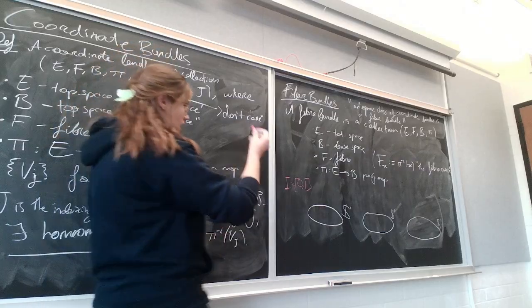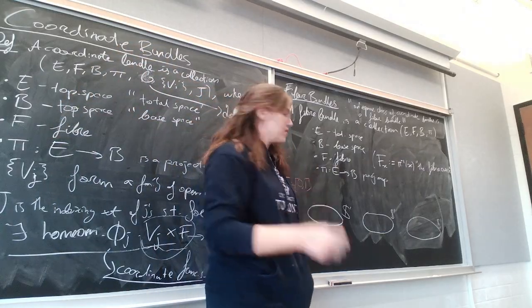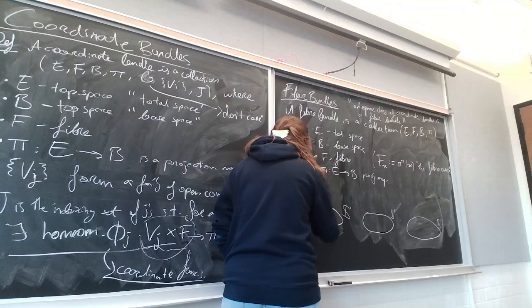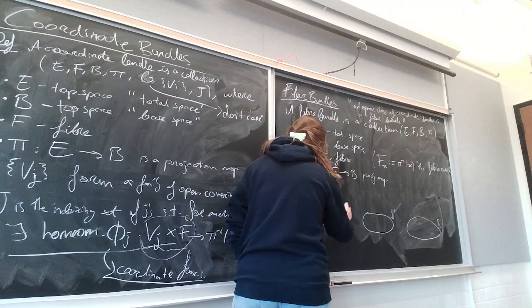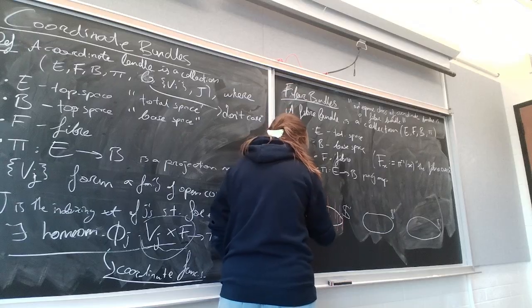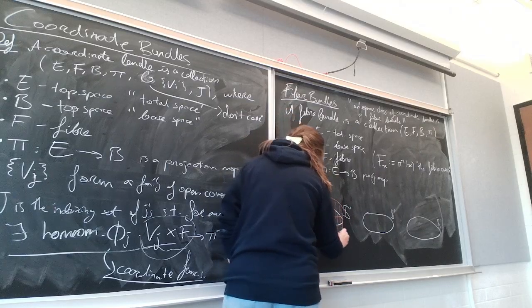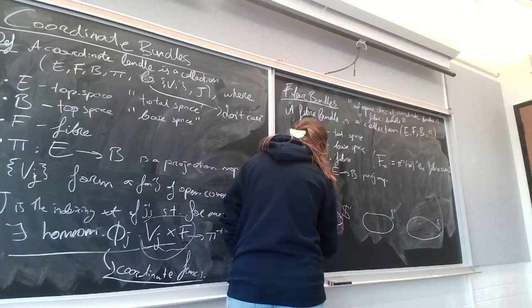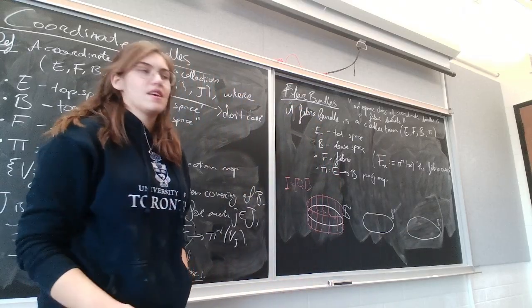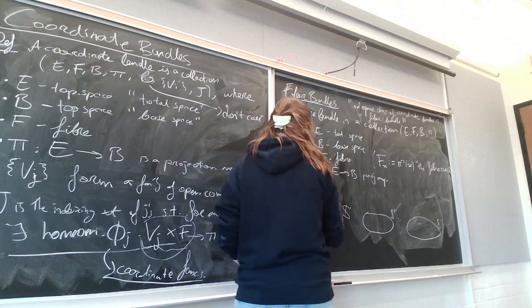Now, how can I stick this to S1? There are multiple ways, right? So I can just go ahead and stick it to every point. Now, I didn't draw it at every point, but if you did, this will give you a cylinder. Now, the cylinder is your total space.